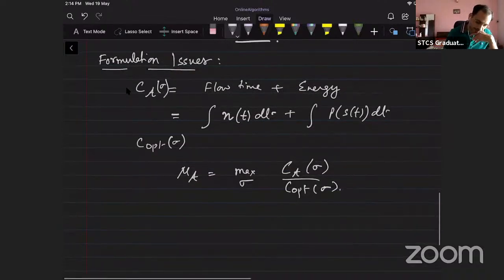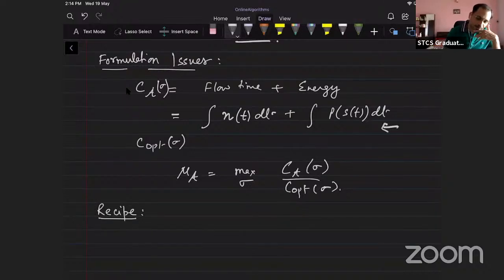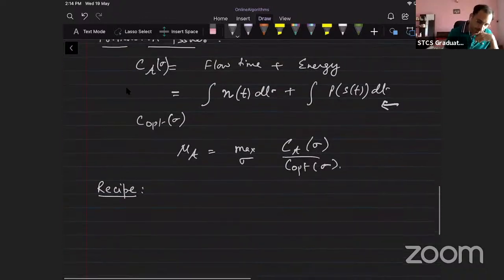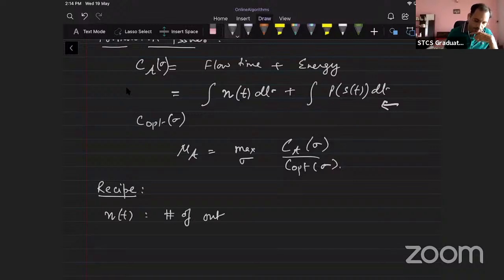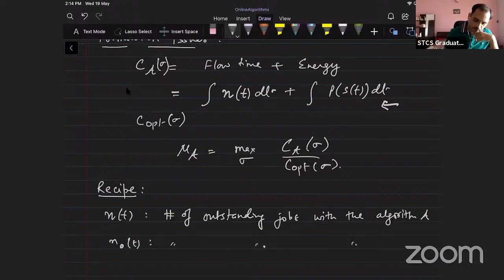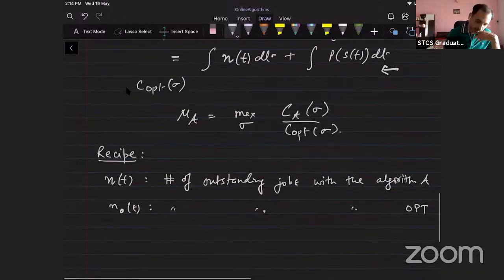Okay. So here is the recipe of how we are going to bound the competitive ratios. This is particular to when the objective functions are in integral form, and the following recipe is very useful. Let n of t be the number of outstanding jobs with the algorithm A, and n0 of t the similar quantity for OPT.